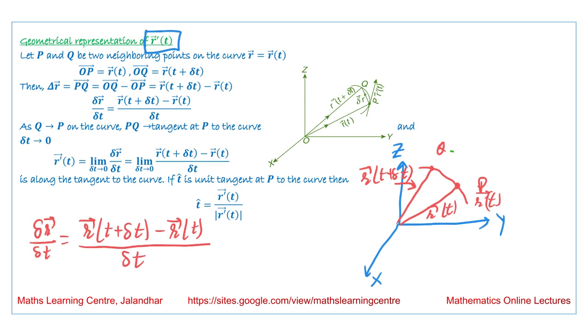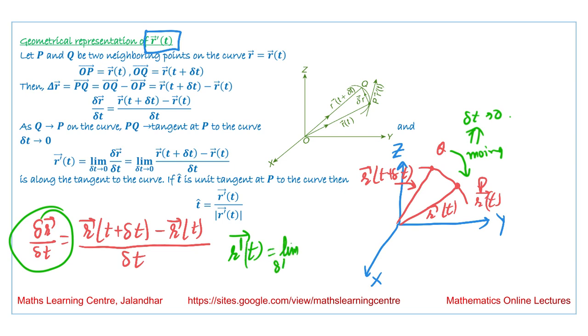Now, if this point Q is moving towards P, this implies that delta t tends to 0. So this limit will become r vector t dash, the derivative: the limit as delta t tends to 0 of r vector t plus delta t minus r vector t, divided by delta t.